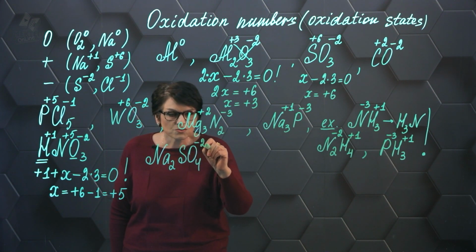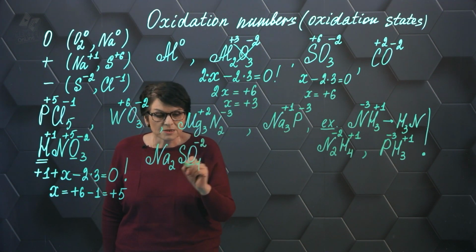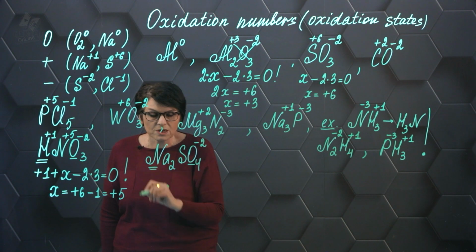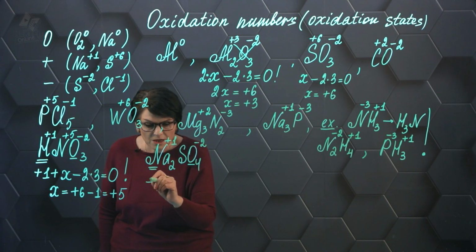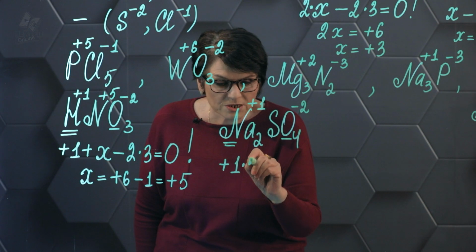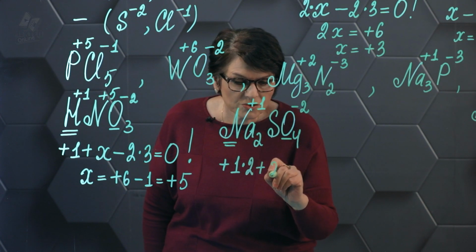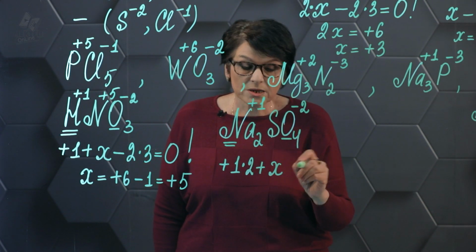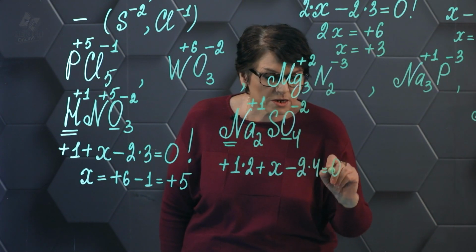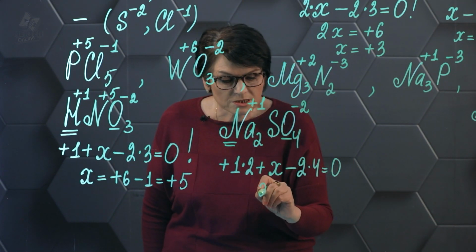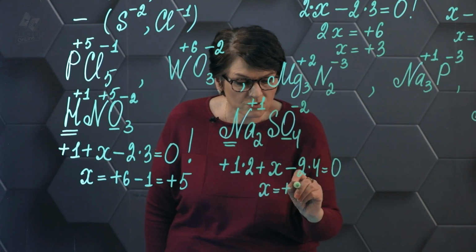Now consider sodium in the first group, so it becomes +1. Sodium's charge +1 is then multiplied by 2. Next, we have sulfur, x, with an initial unknown charge. The charge of oxygen, -2, must be multiplied by 4. The sum of these charges equals 0, which allows us to determine that x for sulfur must be +6.